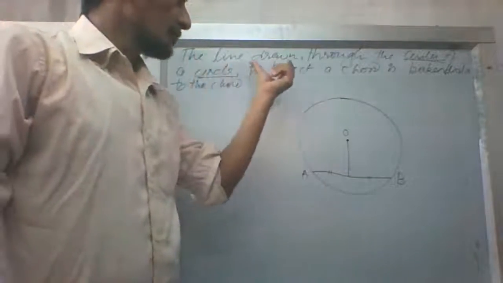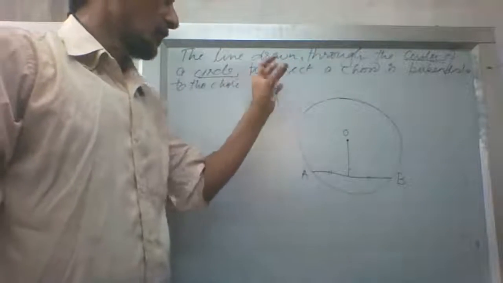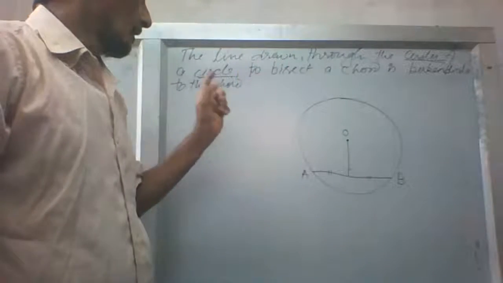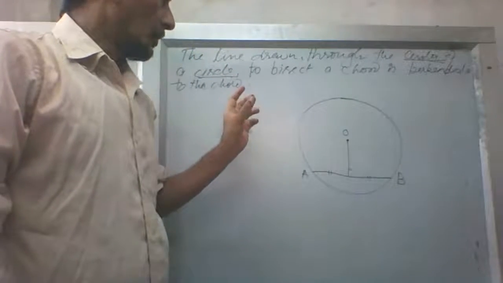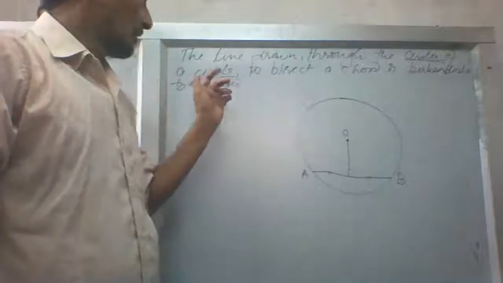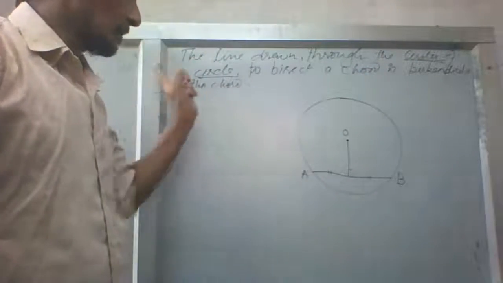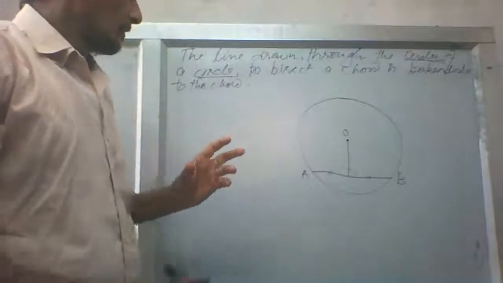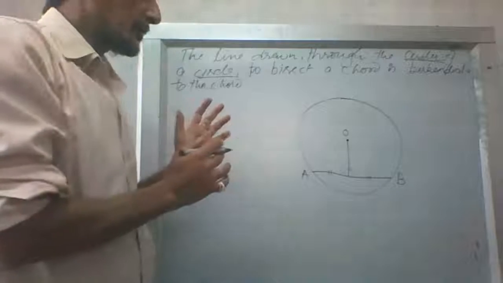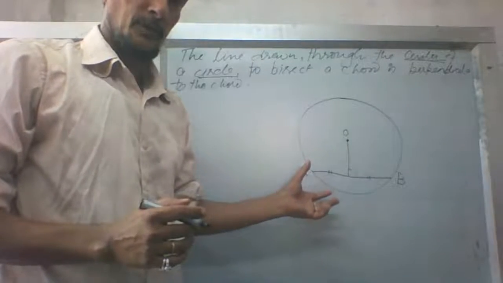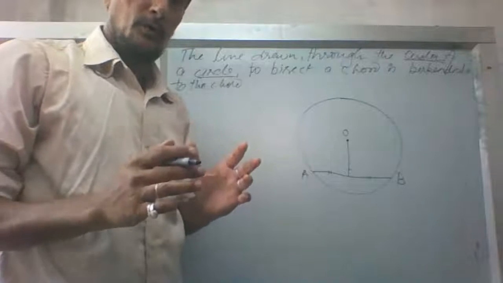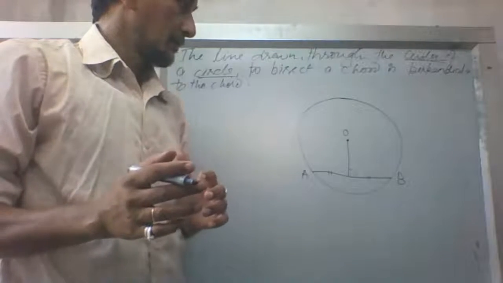Whatever this line or this theorem or this question is saying, you have to keep your eyes on it stepwise. Don't take the whole question at once. Divide it into pieces and define, and you will make a clear diagram. If you do not do so, you will be in trouble.